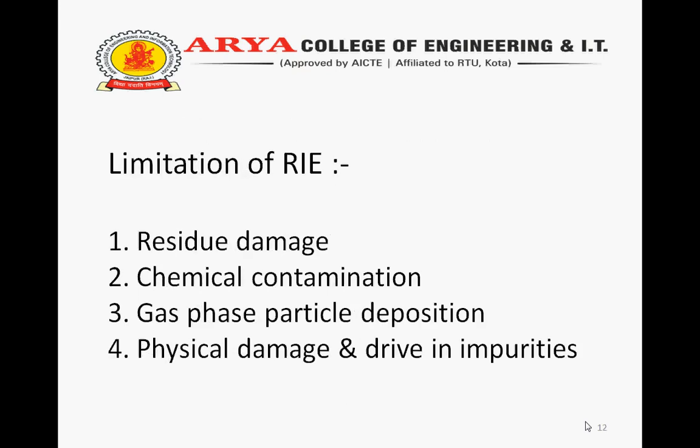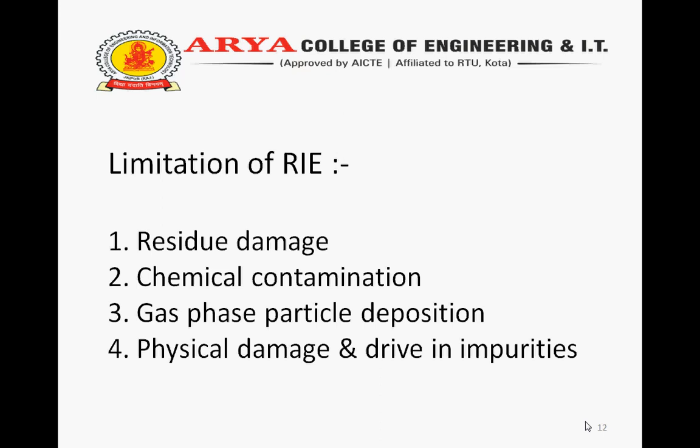Limitations of RIE. First is residue damage. The residue damage left in the substrate after etching is one of the limitations of RIE. Second is chemical contamination. Chemical contamination is another limitation of RIE. This contamination becomes more significant in a polymerizing etcher.